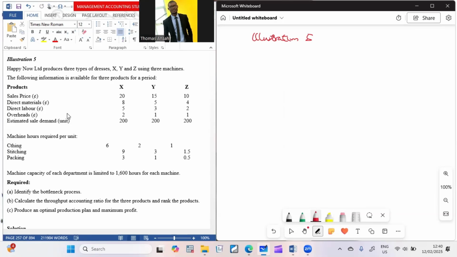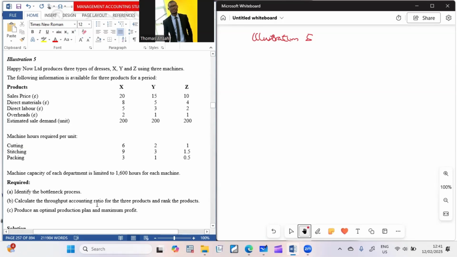So we have cutting 6, 2, and 1. Then you have stitching 9, 3, 1.5. The packing 3, 1, 0.5. And we have been asked to identify the bottleneck.